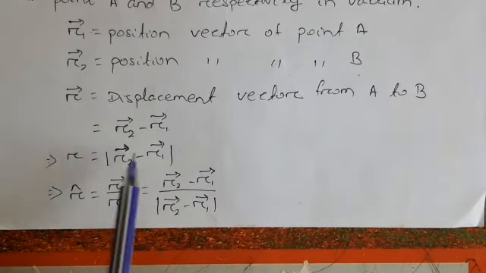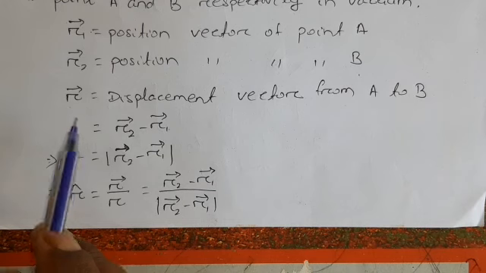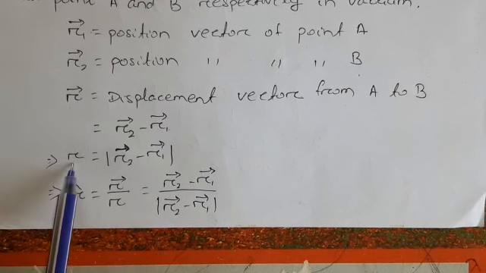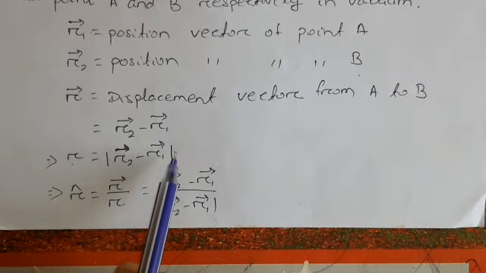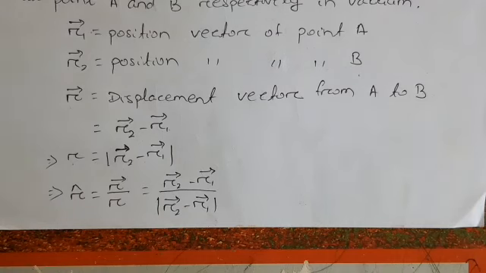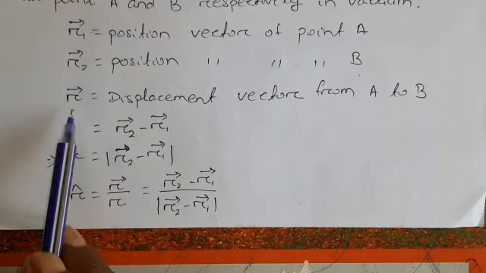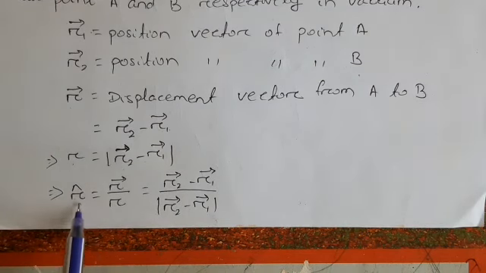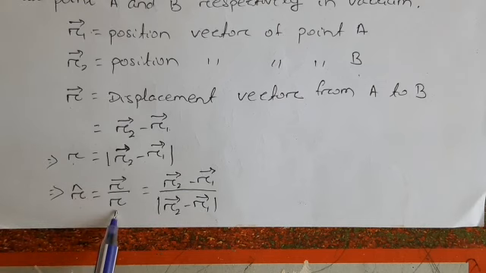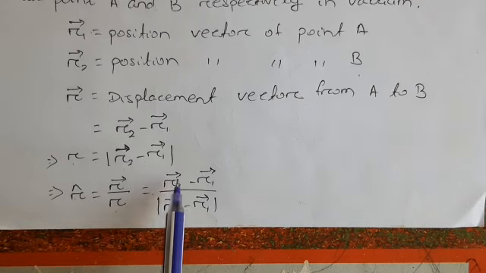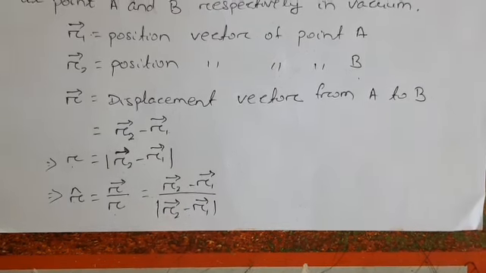If I take the magnitude, then R, the magnitude of the R vector, is equal to the magnitude of R2 vector minus R1 vector. Then I will take the direction of this displacement vector, R cap. We know R cap is the R vector divided by the magnitude of the R vector, so R cap is R2 vector minus R1 vector divided by the magnitude of R2 vector minus R1 vector.